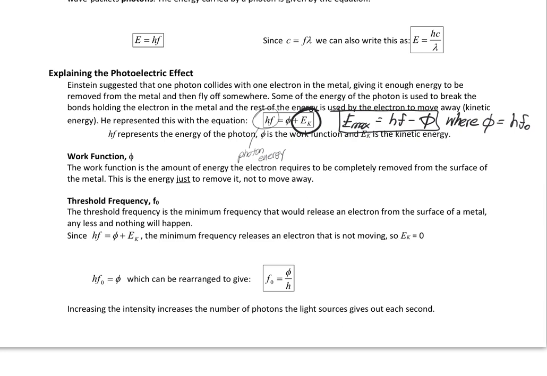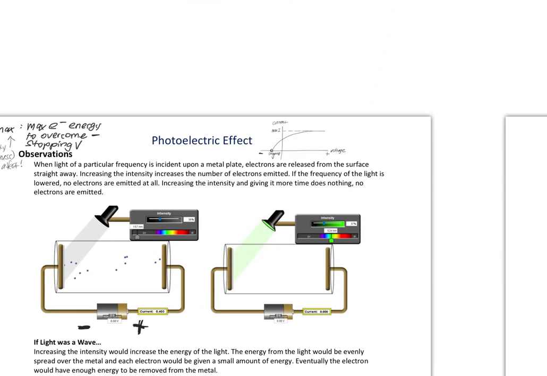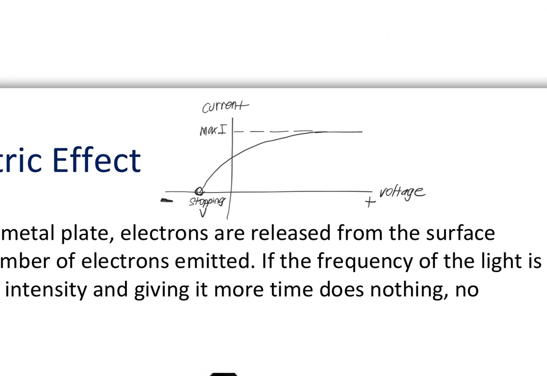All right, so now that we've established that the energy of a photon is related to its frequency, I'm going to come back to the graph that I drew before about current and voltage and the stopping voltage. That stopping voltage is related to the frequency of the light.